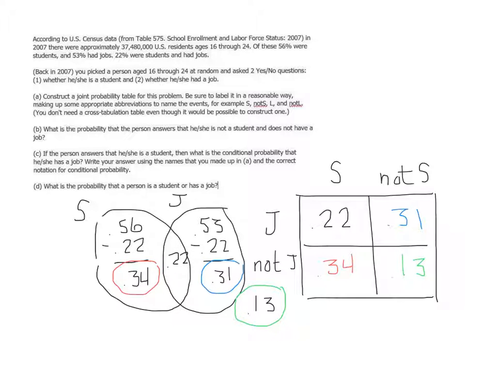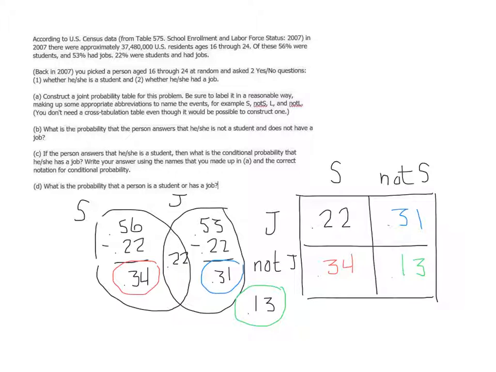So now our questions can be answered using our joint probability table. In B it says, what is the probability that the person answers that he or she is not a student and does not have a job? Well, that of course is our 13%.